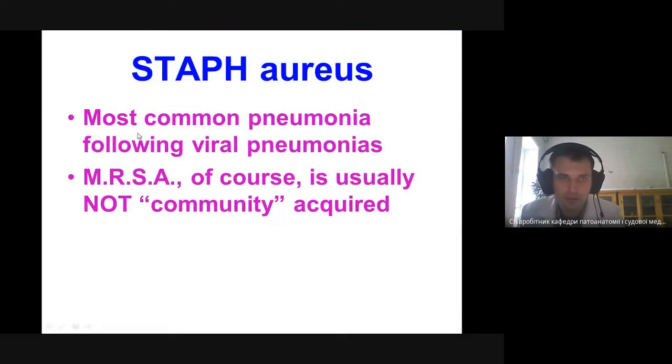Staphylococcus aureus is the most common pneumonia following viral pneumonias. So it's like a complication of viral pneumonias. The same with coronavirus infection. After it, the patients are vulnerable to other types of microorganisms.